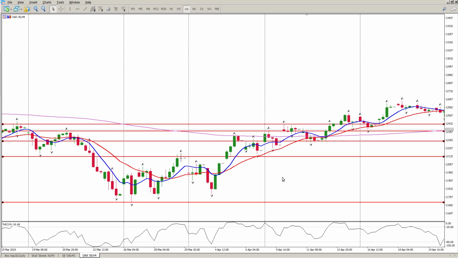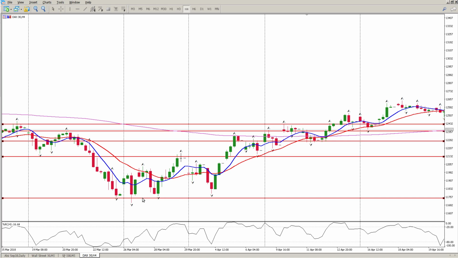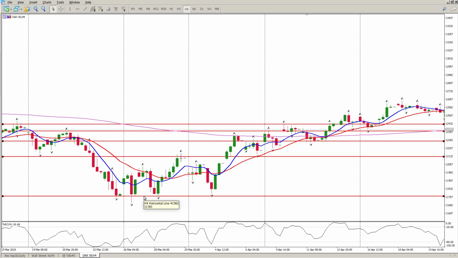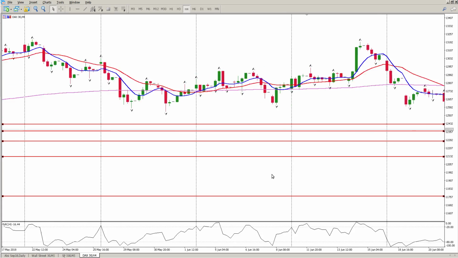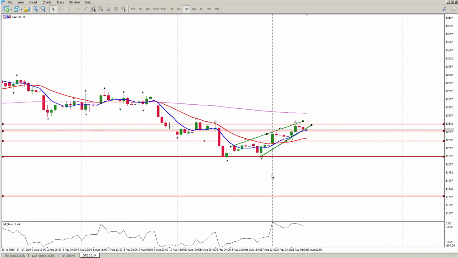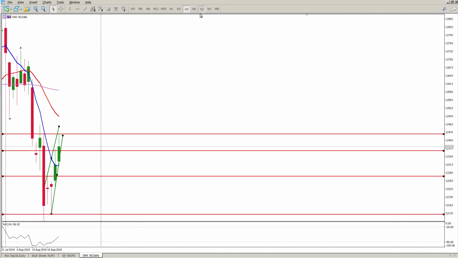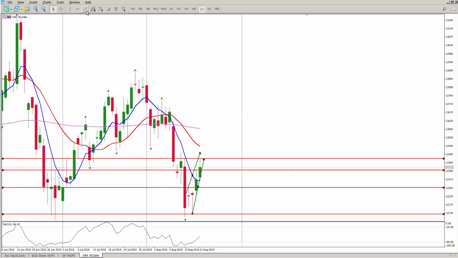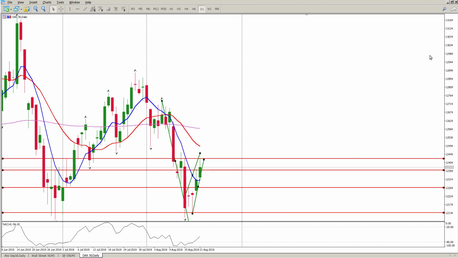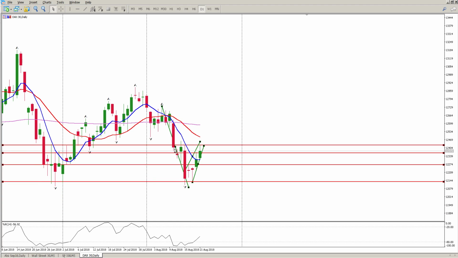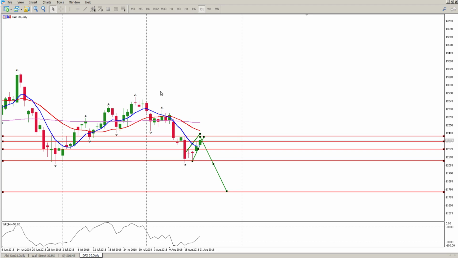So 11,700 or 11,800, I think it is. 11,760, 11,750 is pretty much the bigger target. And that would mean we have this kind of effect happening. There you go. Okay, so that would be the wedge on the daily.